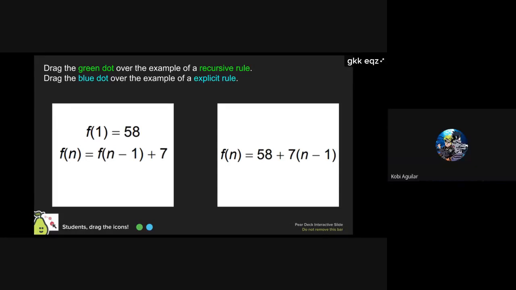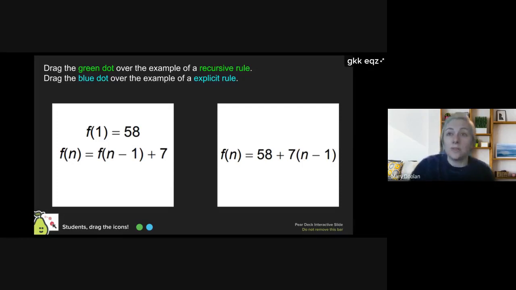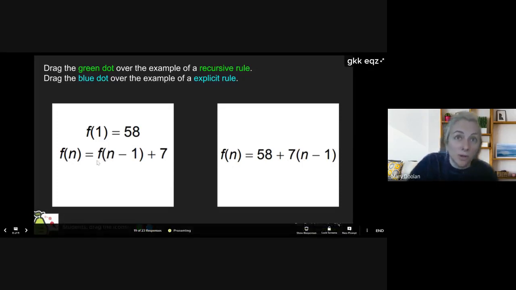One has 7. The 7 is in a different spot, and so is the F. The F is the one that I was looking for you guys to notice. So right here, this is a function. This is the function rule. So this function is defined by a function within a function. That's the recursive thing.